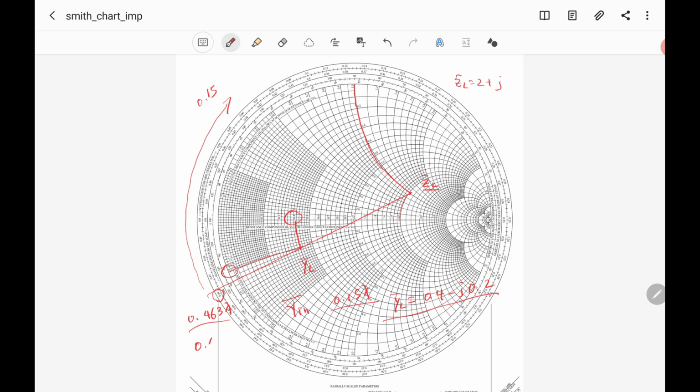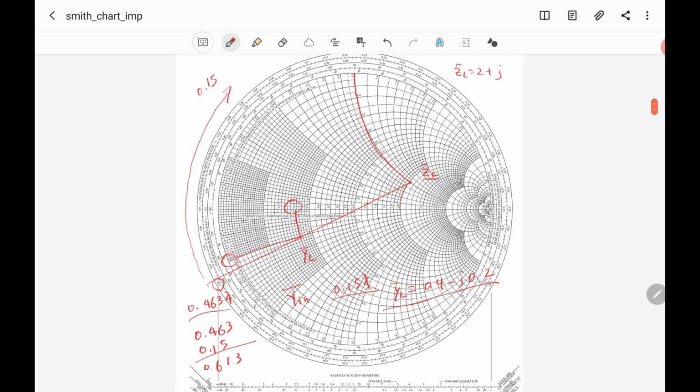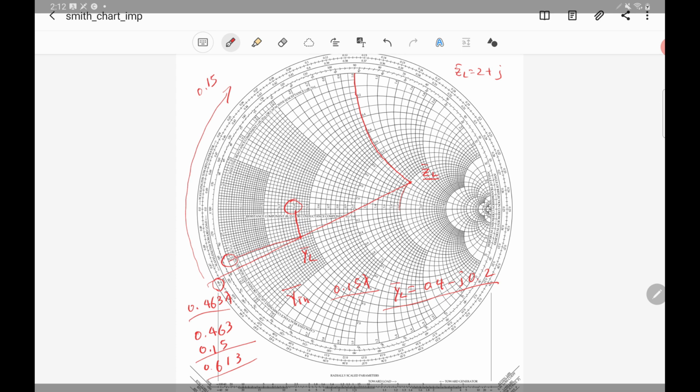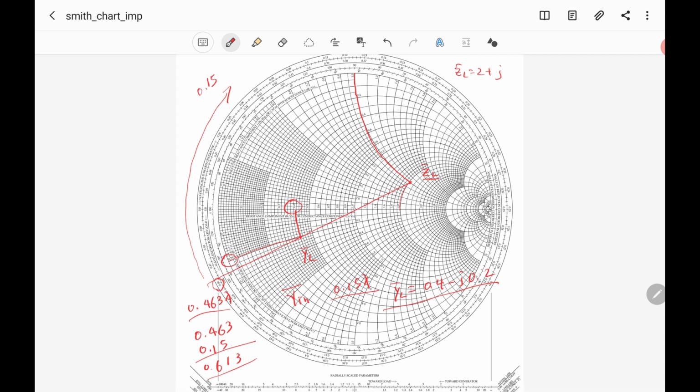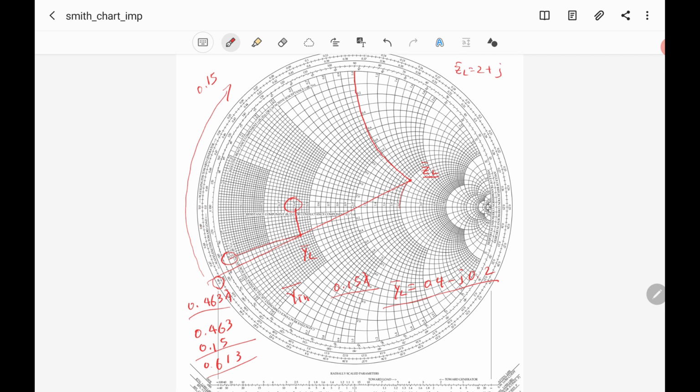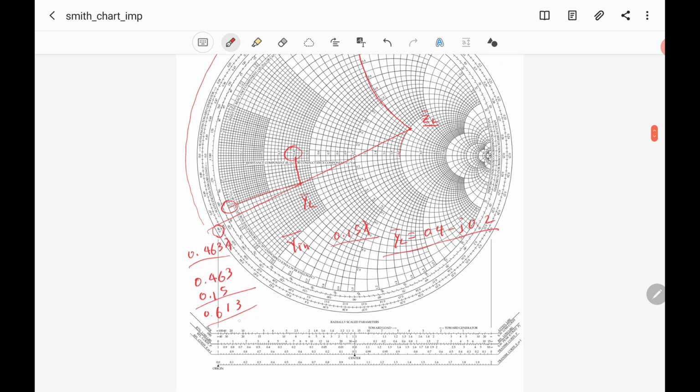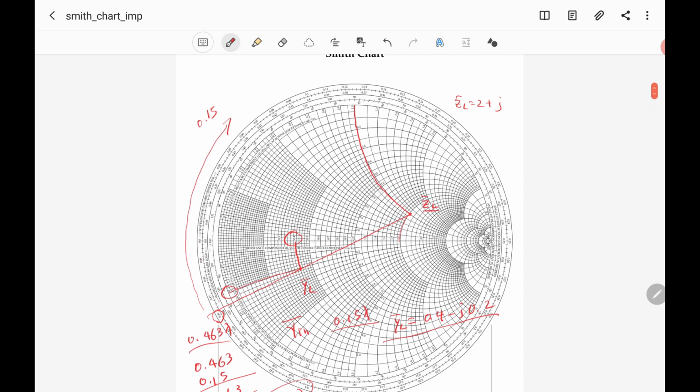If you add 0.15, you get 0.613, right? Because the scale goes to 0.49 and then turns to 0.0, which is 0.5, it increases again. So to get this value, you should subtract 0.5, which becomes 0.113 lambda. Because here 0.5 becomes 0, we read this value.